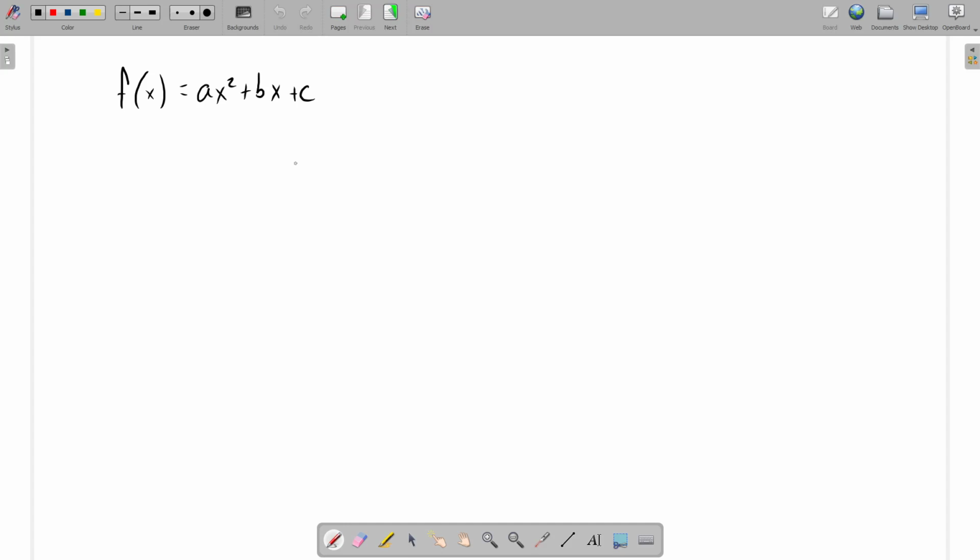So a standard form quadratic is in the form of ax squared plus bx plus c. And I'm using this functional notation f of x. If you're confused with what this means, it's basically like saying y equals, but a little more formally defined.